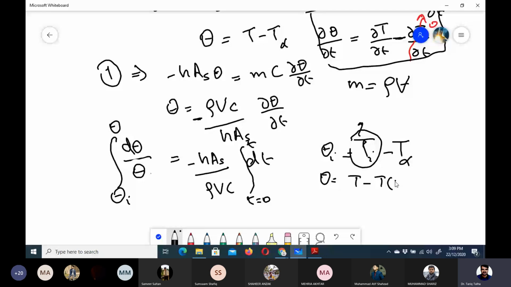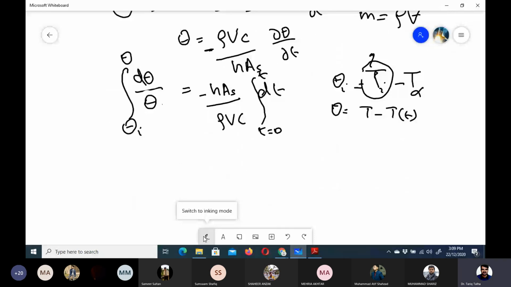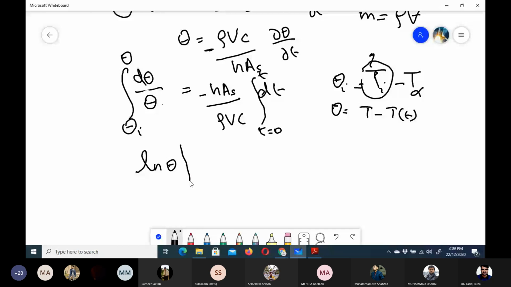If we do the integration, it is quite simple. We know that the integral of d theta by theta is equal to log of theta between theta I and theta, and on the right, minus hAs upon rho Vc into time, with the time limits being t and 0.